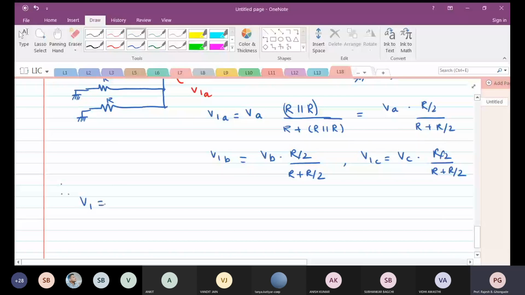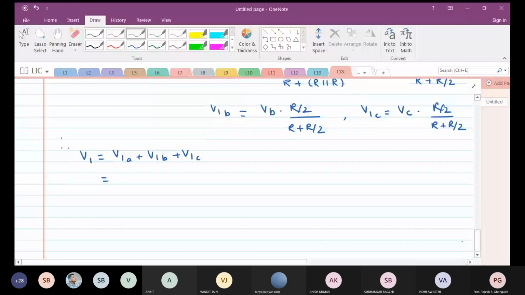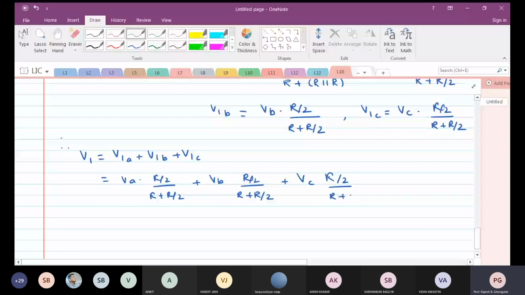It is going to be an addition of all these three. V1A plus V1B plus V1C, which is nothing but VA into R by 2 divided by R plus R by 2, plus VB into R by 2 divided by R plus R by 2, plus VC into R by 2 divided by R plus R by 2.